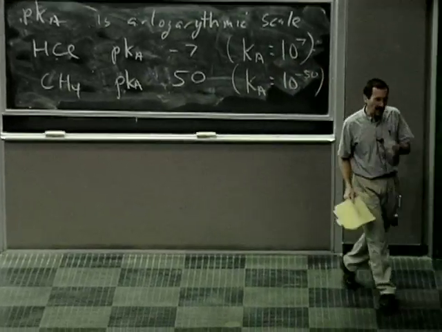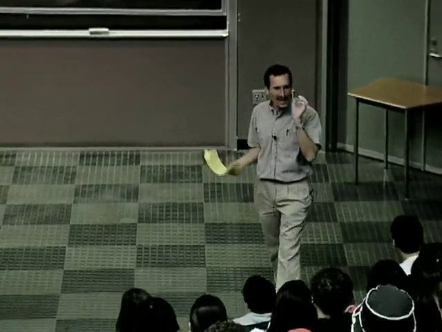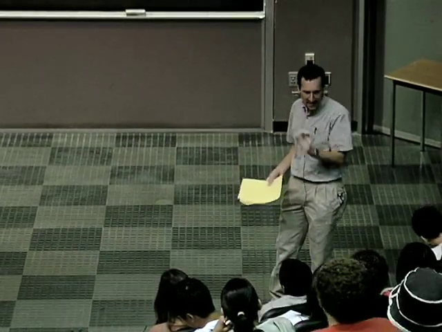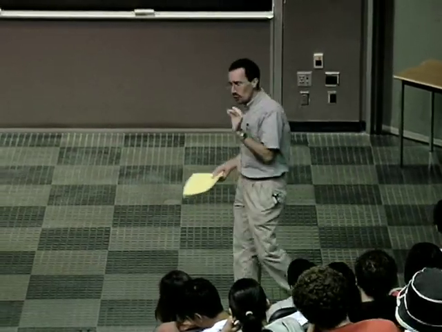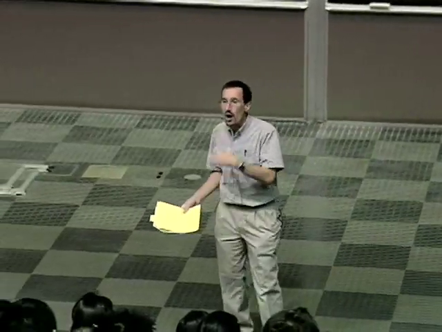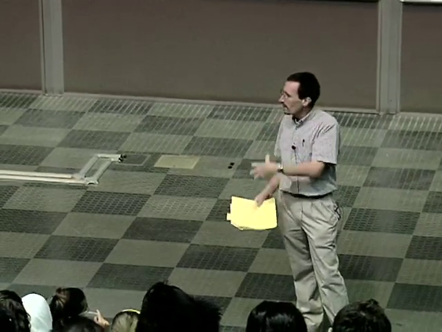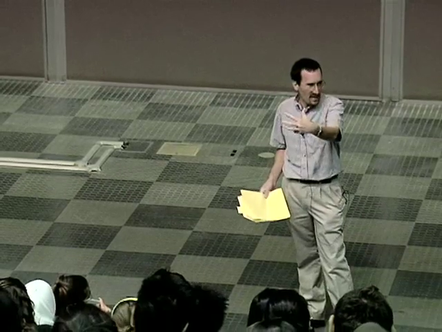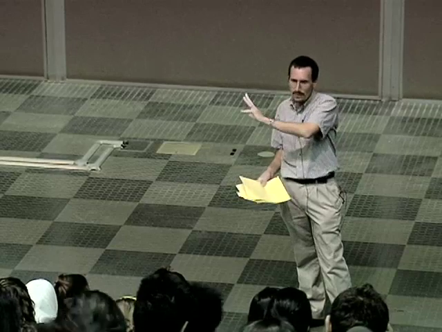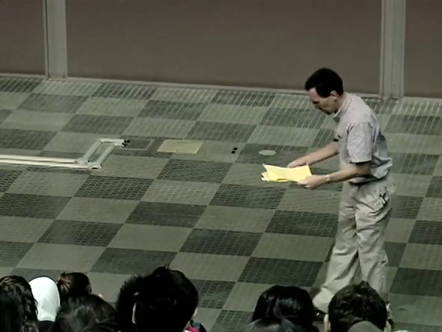What that means is if I dissolved a mole of methane in a liter of water, you would not have even a single molecule of the methane that's dissociated. It is such a weak acid, it is, in the context of general chemistry, only an acid in name in that you could write an equation, but the equilibrium of methane and water to give methyl anion would be completely to the left. You would see no dissociation.